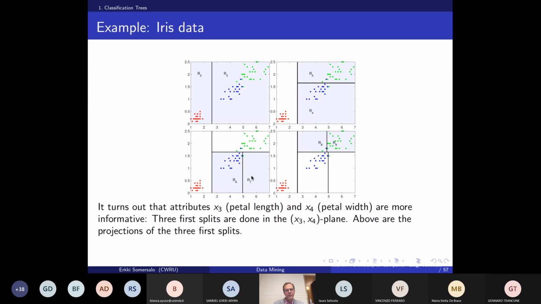The third split here is based only on one single data point. How I divided R4 depended only on one single data point. But that single data point could be a mismeasurement, so there could be a lot of noise in that.